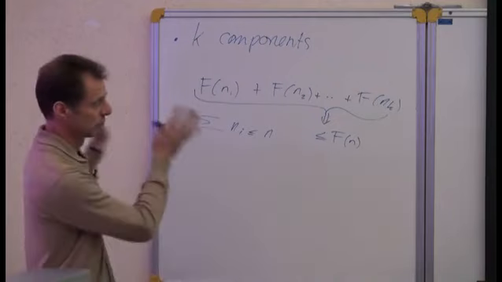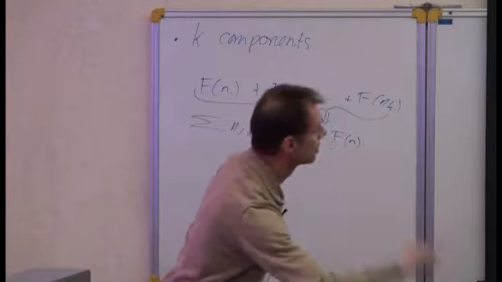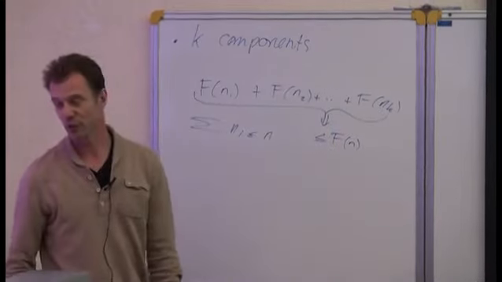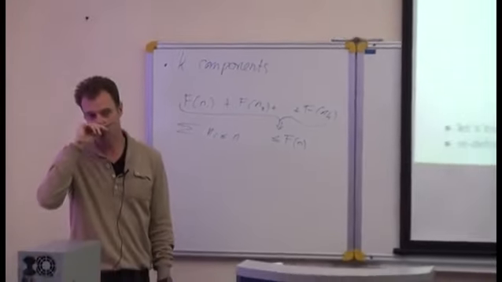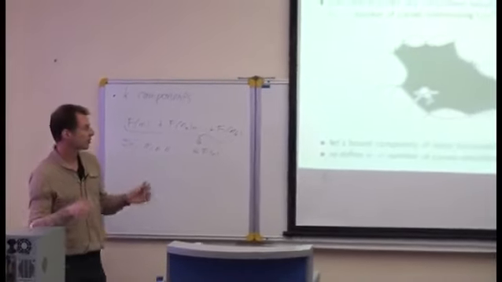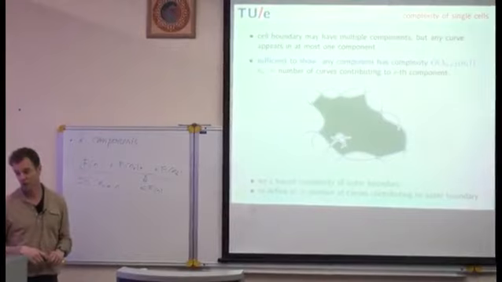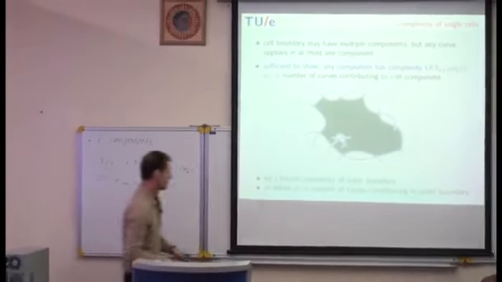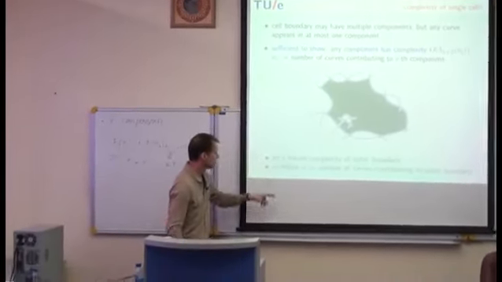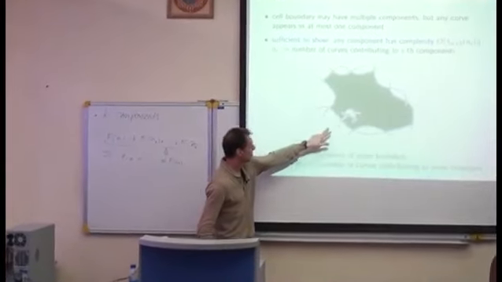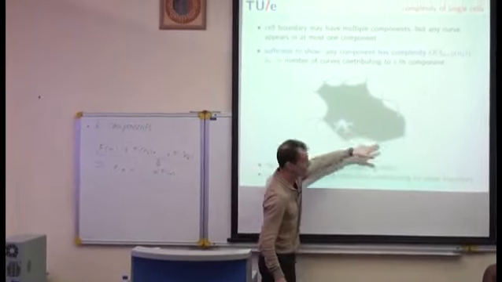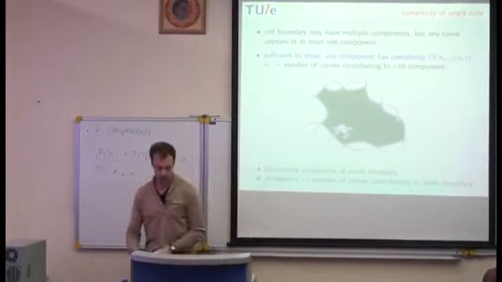Okay, so the message is, forget about the other components and let's just look at one of the components, and it doesn't really matter that much, look at the outer boundary of this face. Okay? So now for simplicity I'm using n as the number of curves that contribute to this component.